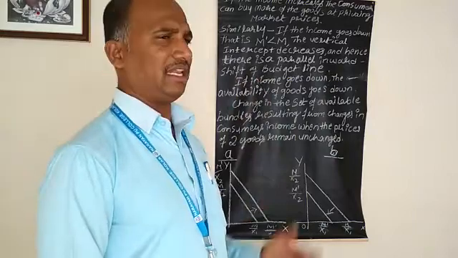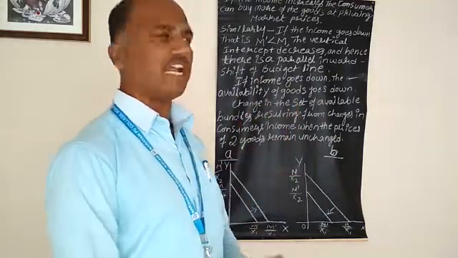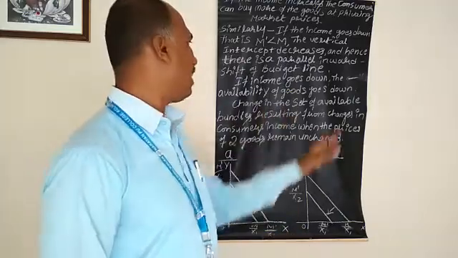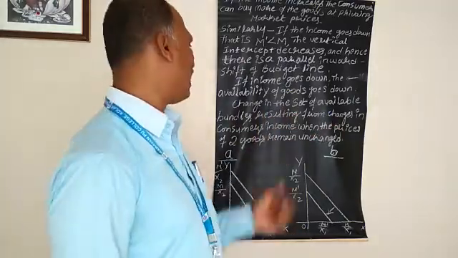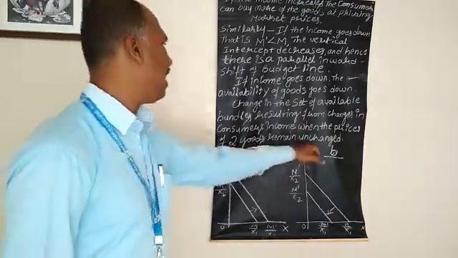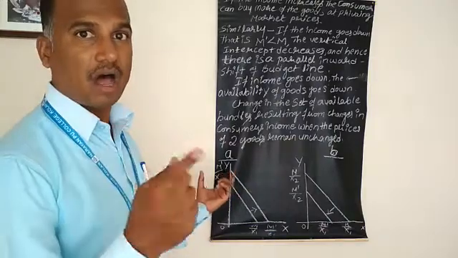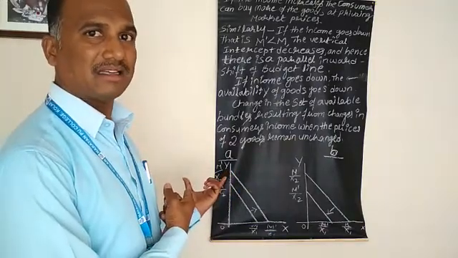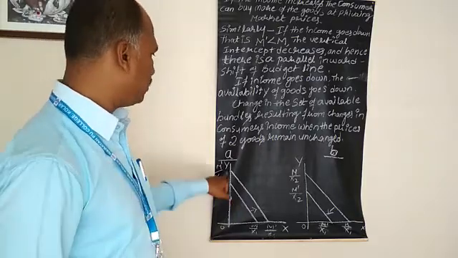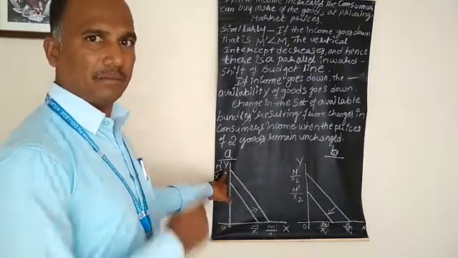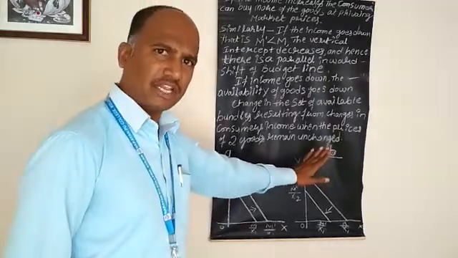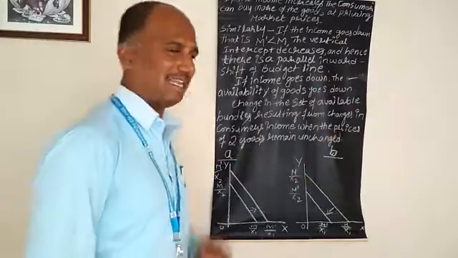Changes in the set of available bundles of goods and services resulting from changes in the consumer's income can be explained with the following diagrams, Diagram A and Diagram B. Observe clearly; I draw on the board. Diagram A: changes in income means an increase in income. Diagram B: changes in income means a decrease in income.